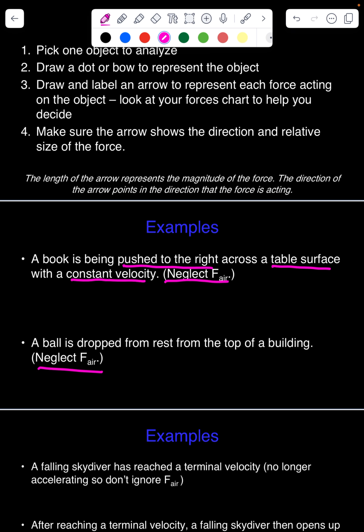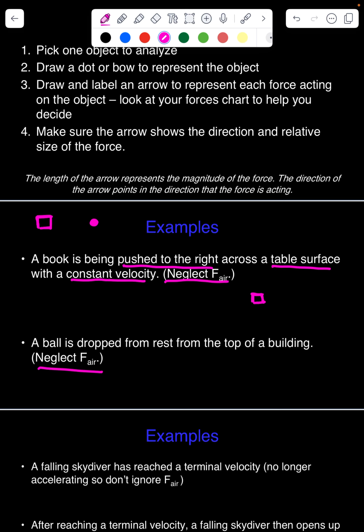One thing about free body diagrams is that you are going to show the object as either a box or a dot. It does not matter to me which one you use. It just depends on your preference. So the book is being pushed. I'm just going to use a box for the book.